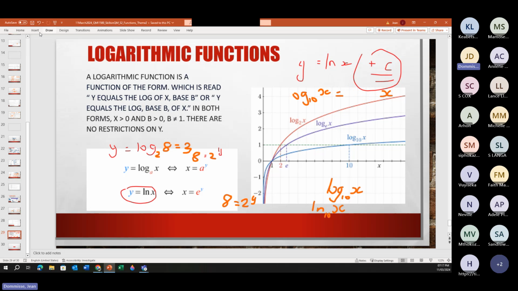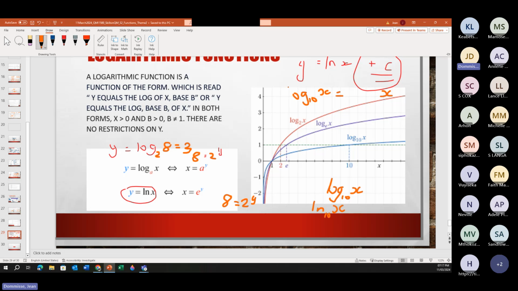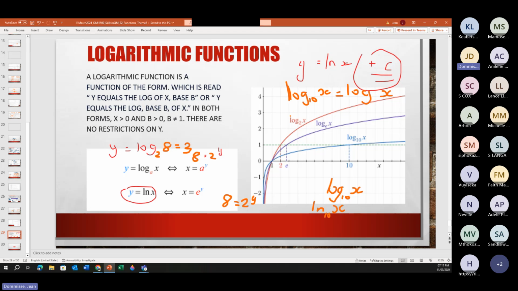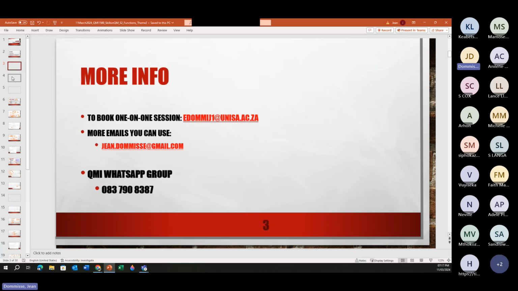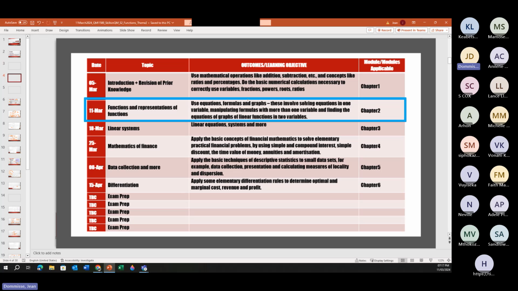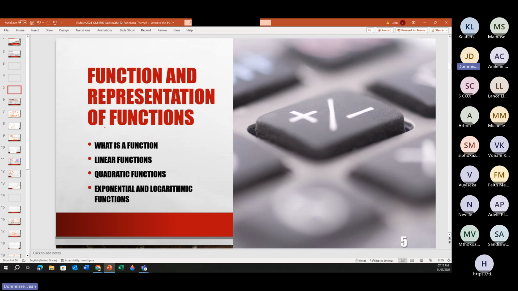Okay, so that is this section for tonight. So let me just do a recap. We have looked at functions, the linear functions. We've looked at quadratic functions. Those are the ones that they will focus on in most of the test and the exam.